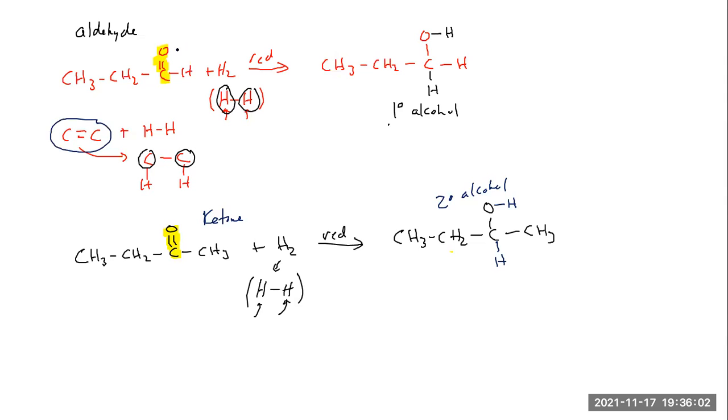Only difference here is it's a carbon-oxygen double bond. But the same idea and process occurs. We want to make it into a single bond so we have room. And then we just give one element a hydrogen. The other element in the double bond gets the other hydrogen. Any question on the reduction reactions here? Which takes us back to our alcohols.